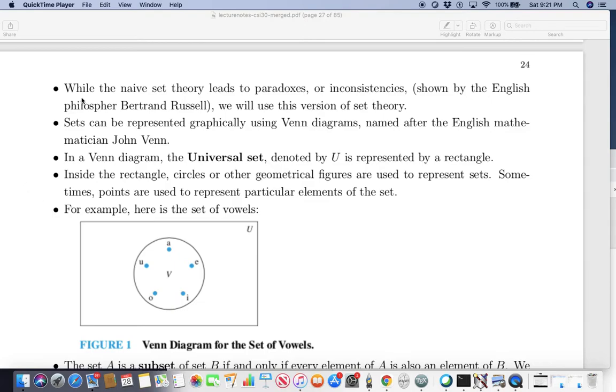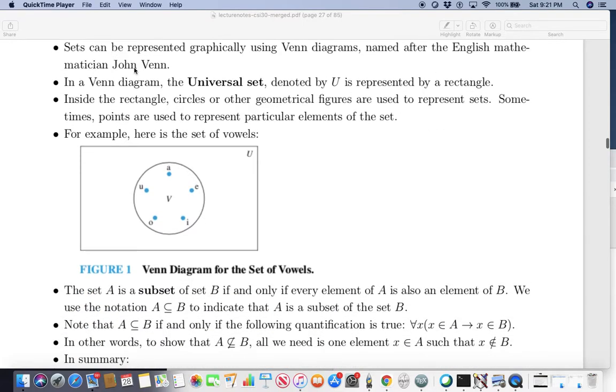Welcome back. While naive set theory leads to paradoxes or inconsistencies, shown by the English philosopher Bertrand Russell, we will use this version of set theory. Sets can be represented graphically using Venn diagrams, named after the English mathematician John Venn.